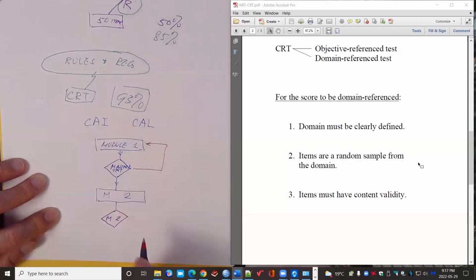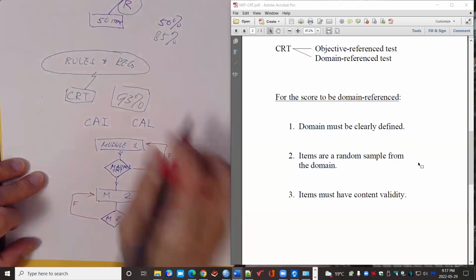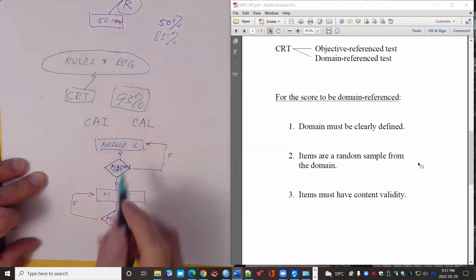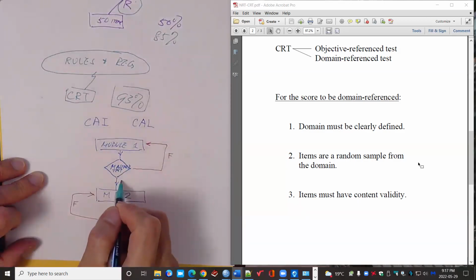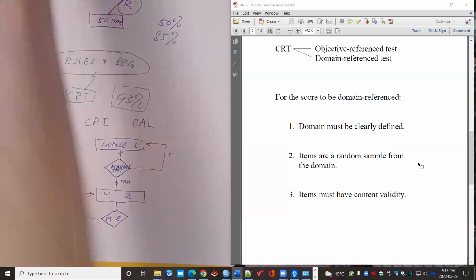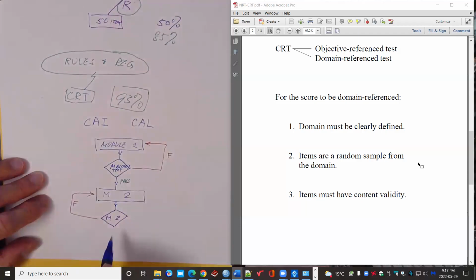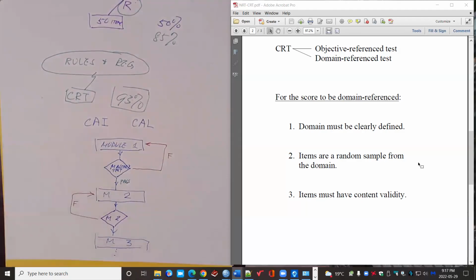If they fail, they go back, and if they pass, then this is module 3, and so on.